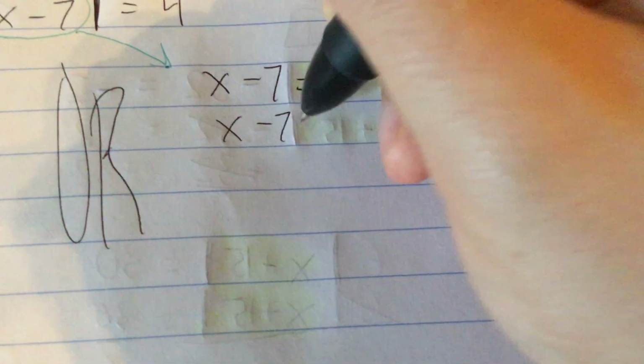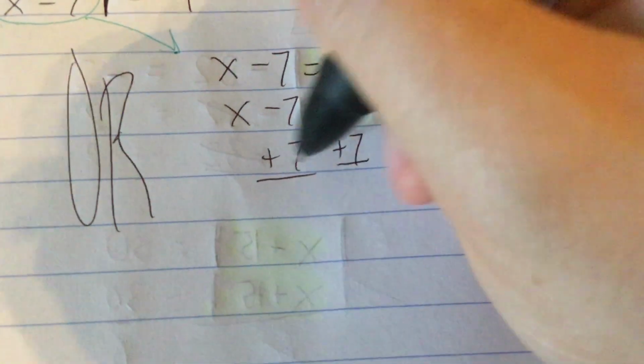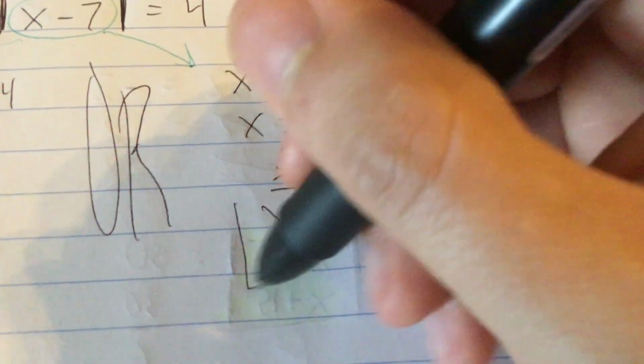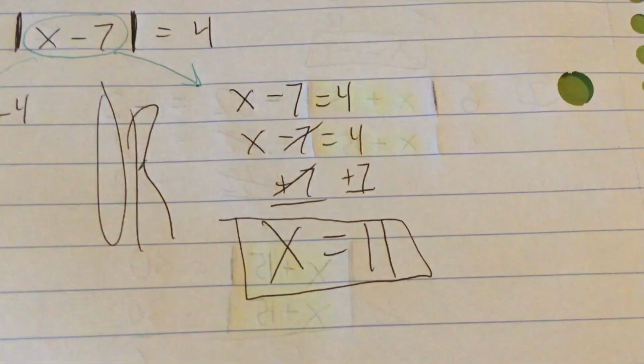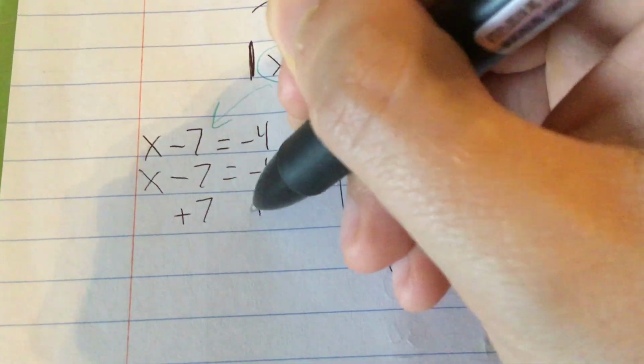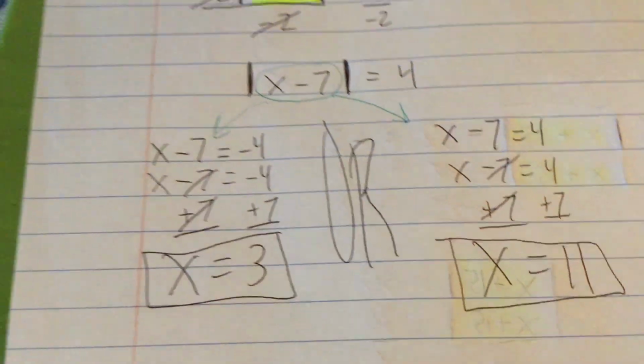So I'm going to solve for x by adding 7 on both sides. One of the solutions is x is equal to positive 11. I do x minus 7 equals negative 4 on the other side, and I'm going to add 7 on both sides for that. So either x is equal to positive 11 or positive 3.